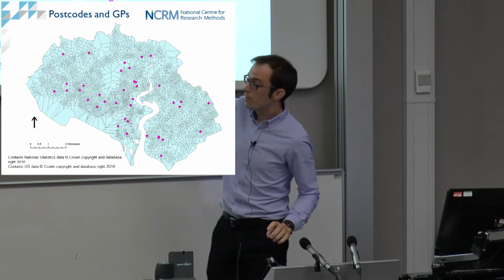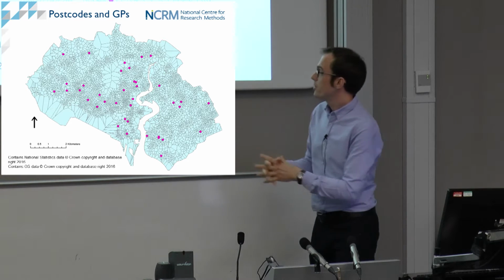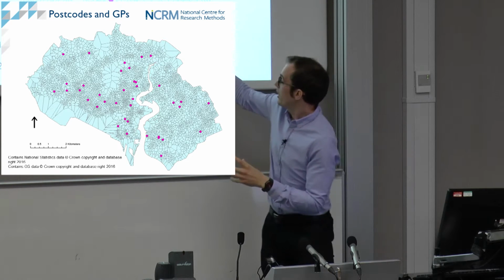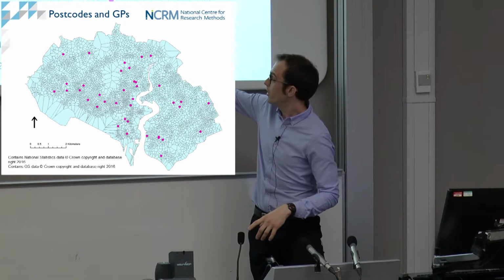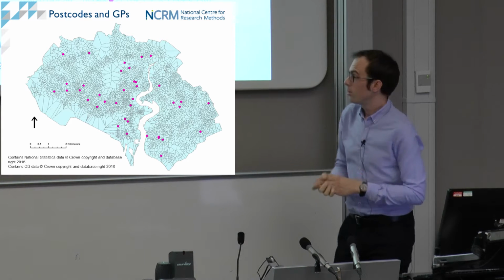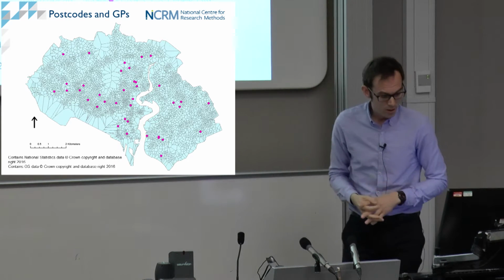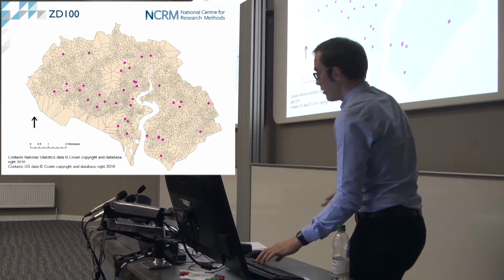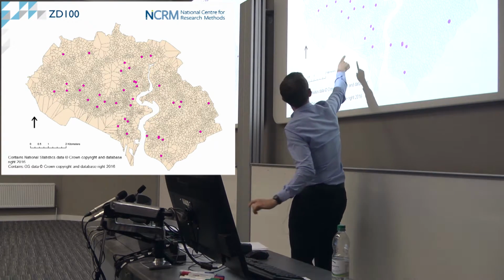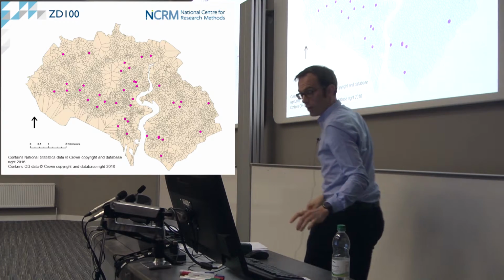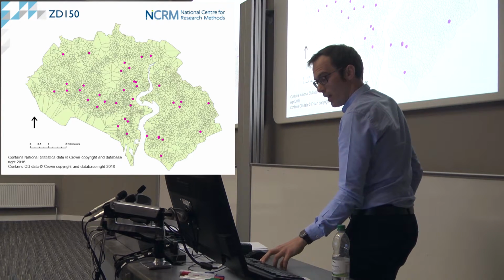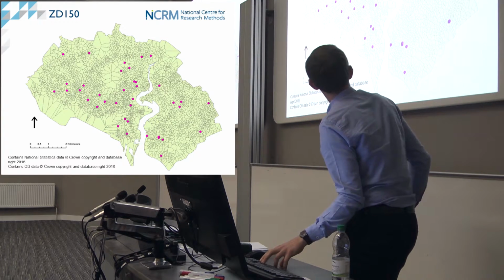The zone design solution is collapsing some of these individual postcodes to create new building blocks which meet this population target. For example, down here we're combining some postcode locations to meet the minimum level.